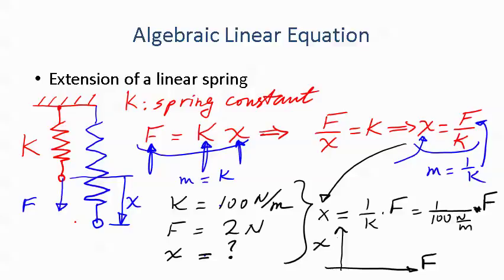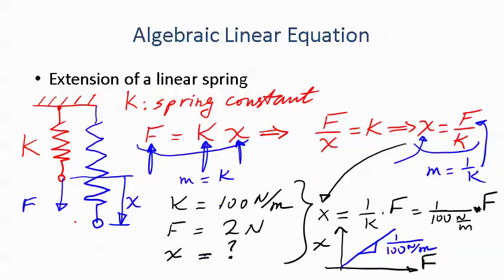And this plot or this line will be going through the origin with a slope of 1 over 100 newtons per meter. So you observe that there is a linear relationship.